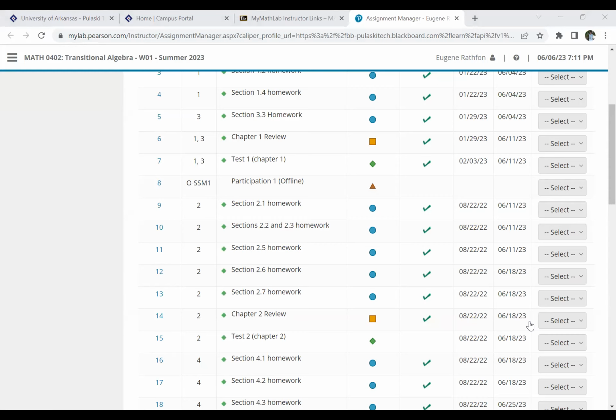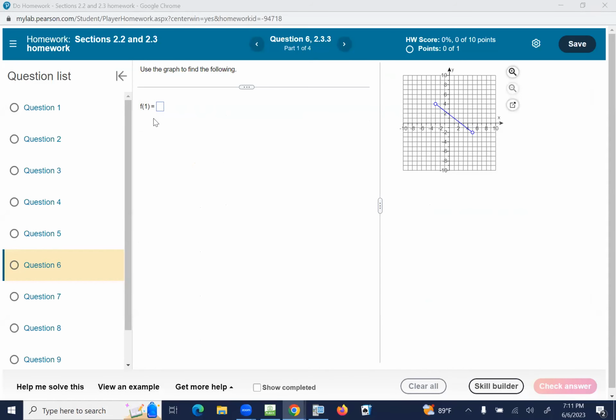All right, and then I'm looking at number 6. Let me make this a little bigger for us on the graph so y'all can see this.